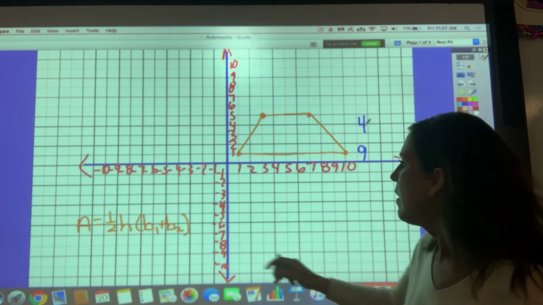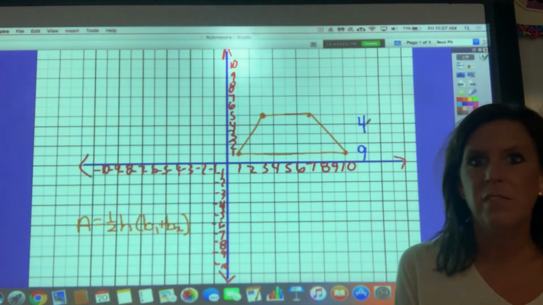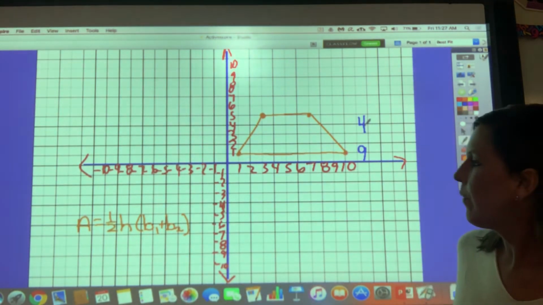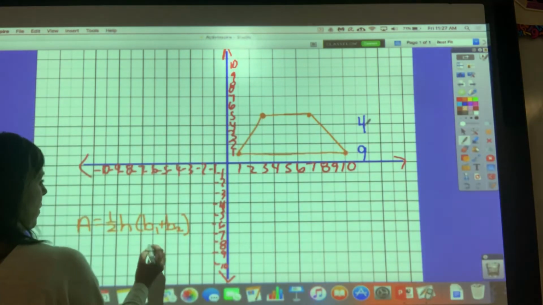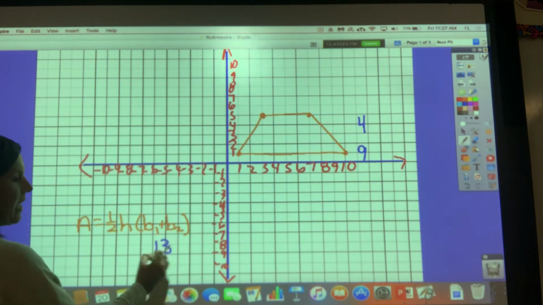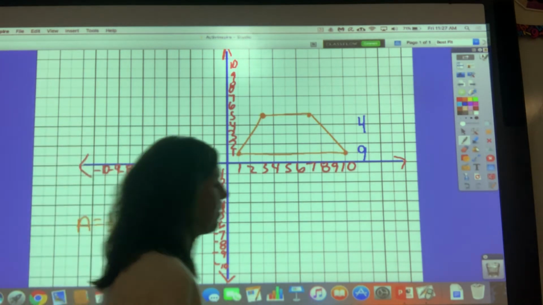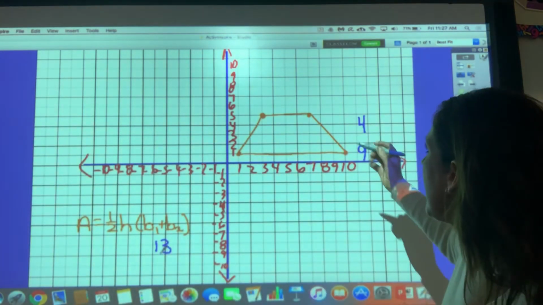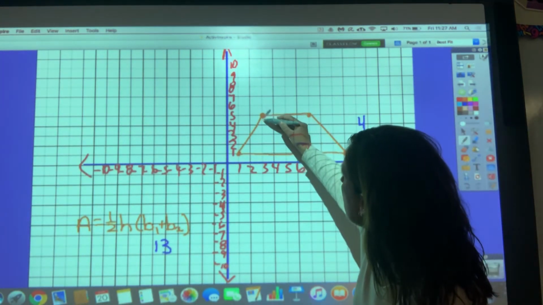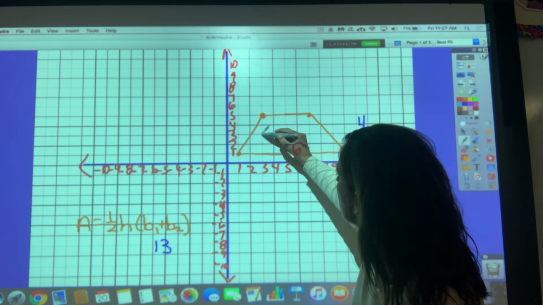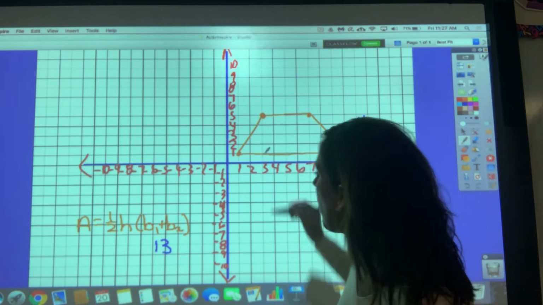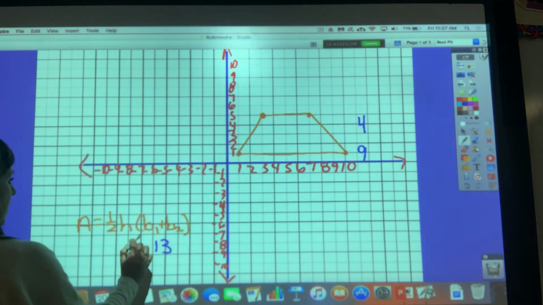Again, remember here we need the addition of the two bases. If we add 9 and 4 together, we get 13. So 13 is the addition of the two bases together. Then let's find the height. The height is going to be 1, 2, 3, 4. So our height is 4.